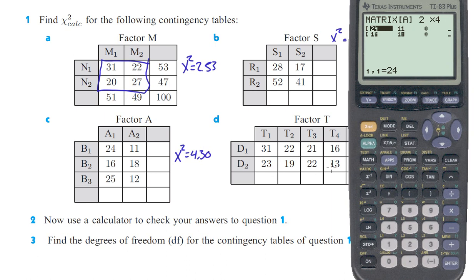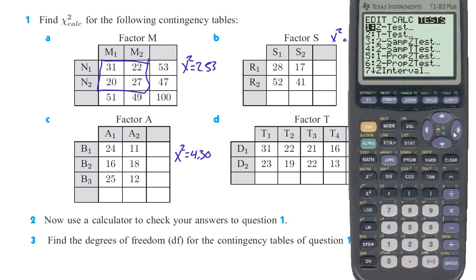And then we'll put in our data: 31 and 22, 21 and 16, 23 and 19, 22 and 13 is all of our data. Okay, I'm just going to double check, make sure I got it all in right. Looks good. And we will go into stat, test, chi-squared test.